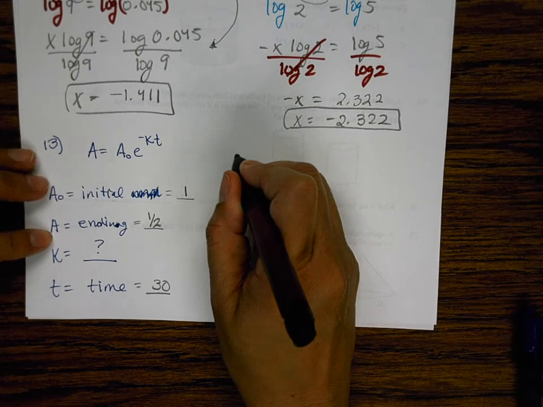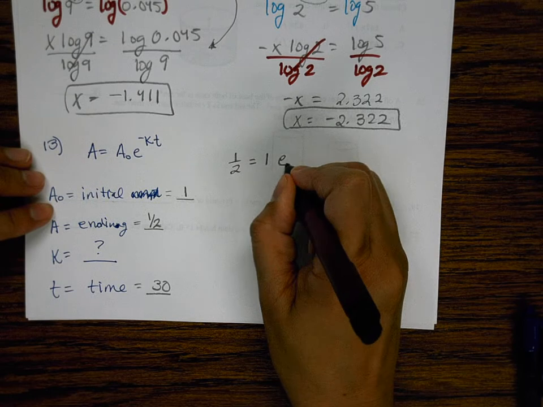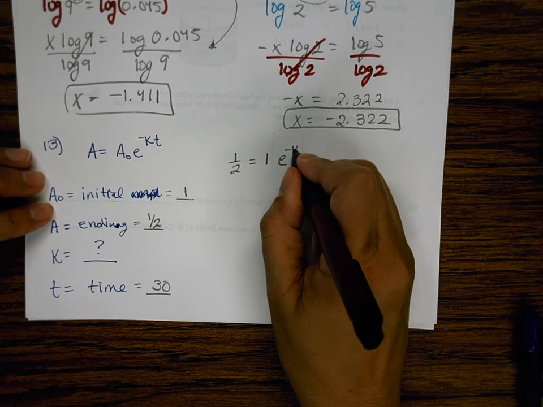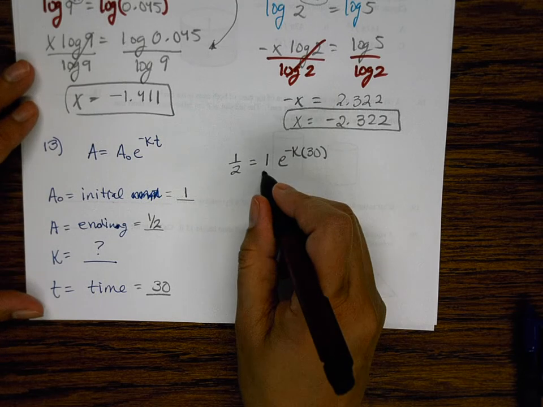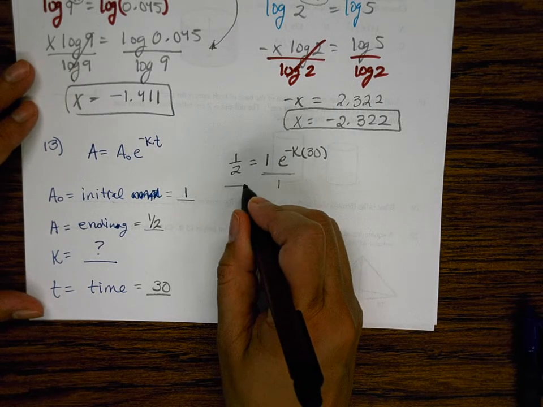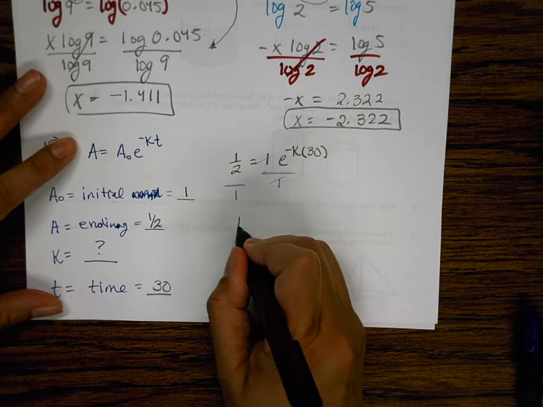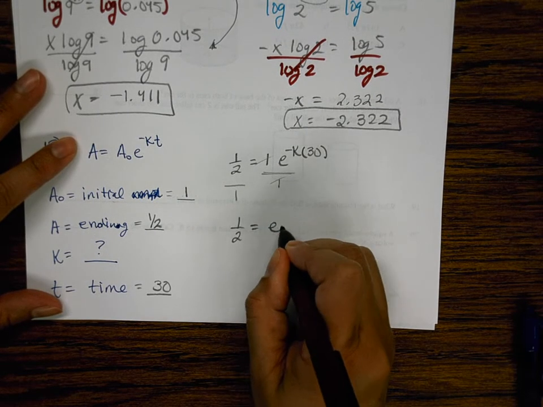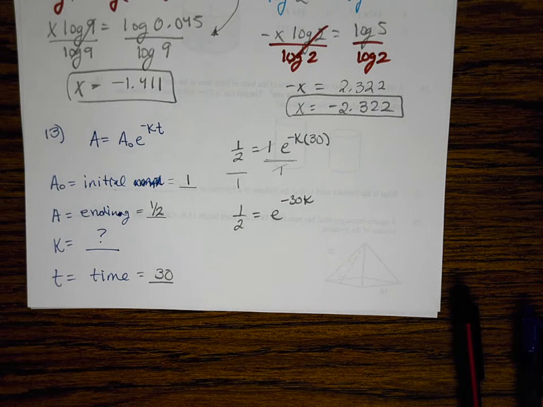A is a half equals A naught, which is 1, times E raised to the negative K times T, which is 30. I'm going to divide both sides by 1. It's not necessary because 1 is the multiplicative identity. It's not going to change anything. So 1/2 equals E to the negative 30K.